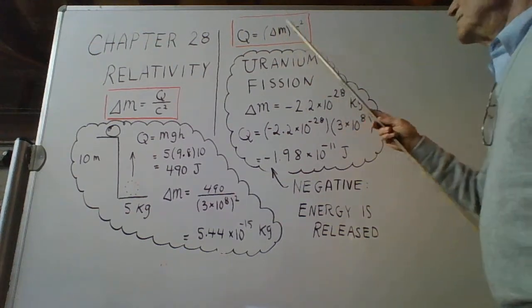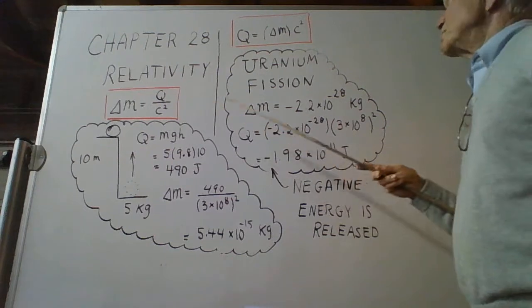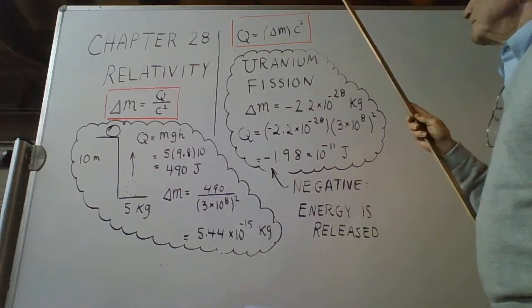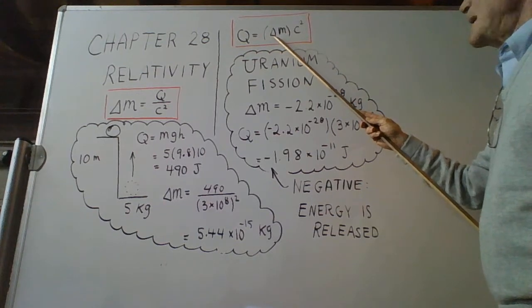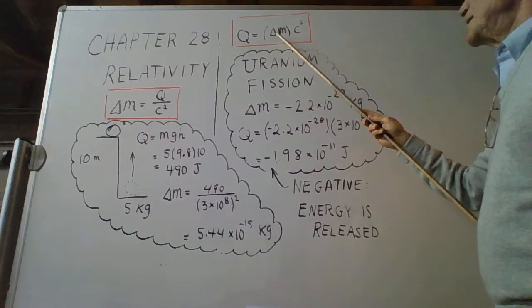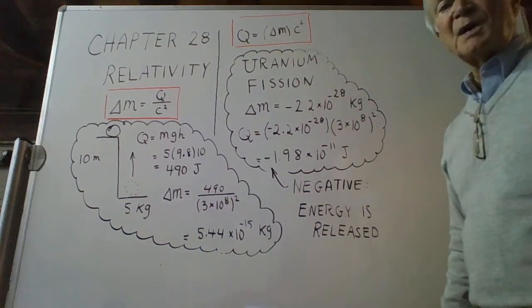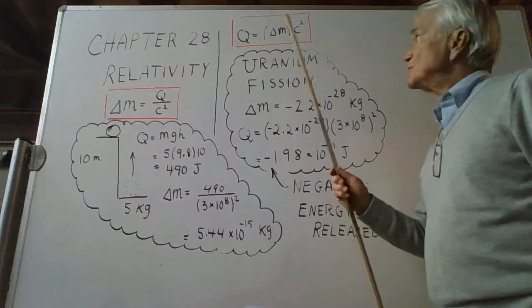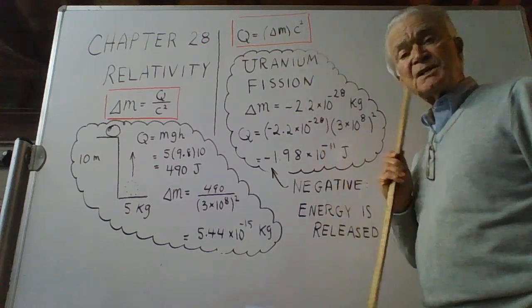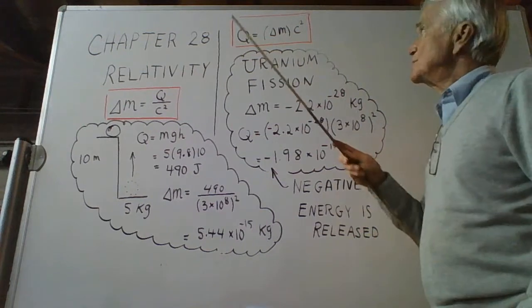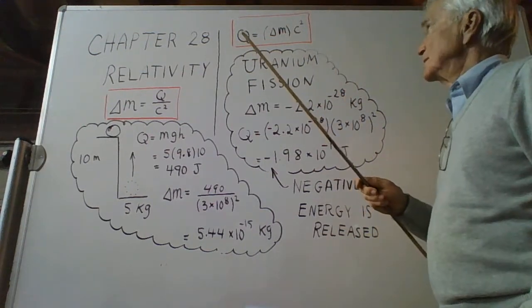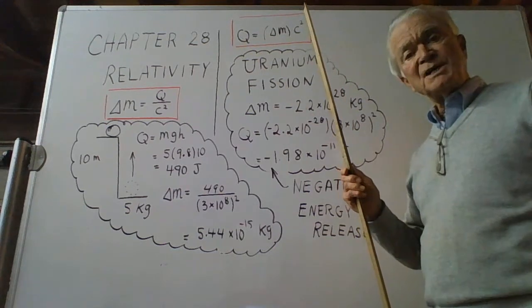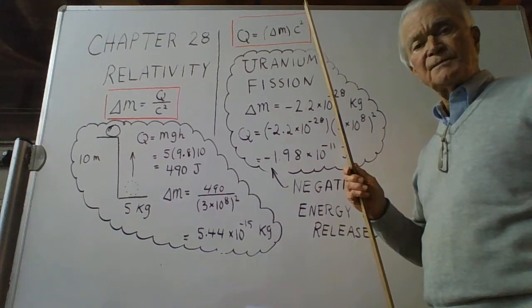The other equation, just the reverse of this equation, states that when the mass of an object changes, either by increasing, which makes delta M positive, or by decreasing, in which case delta M would be a negative number, there's a corresponding Q, or quantity of heat, that is liberated or emitted or released from the object.